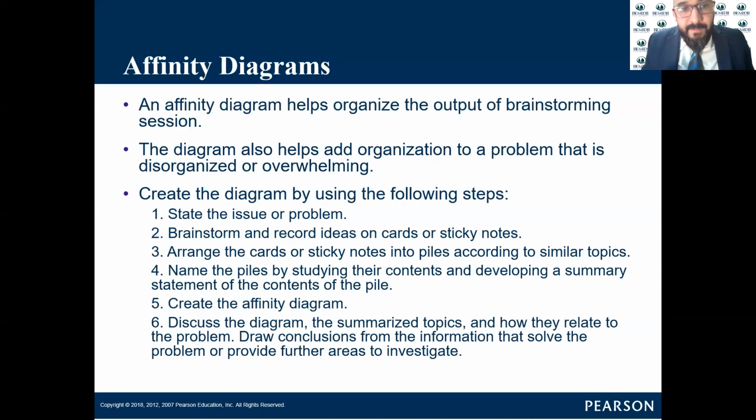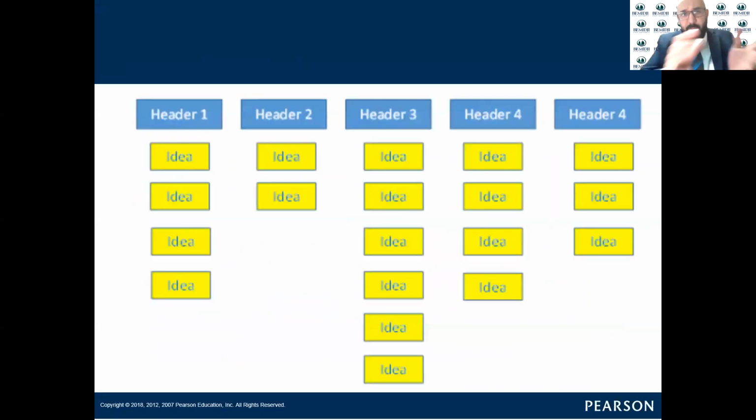Number 5, create the affinity diagram. Once you create the affinity diagram, you discuss the ideas with the team and draw conclusions in order to solve the problem. Here is a sample of an affinity diagram that will help you to organize these ideas.